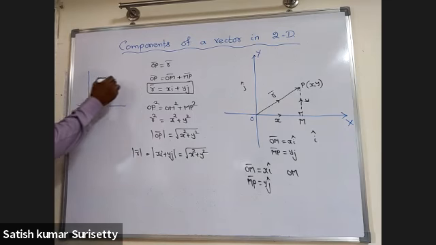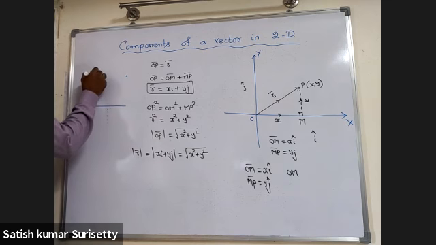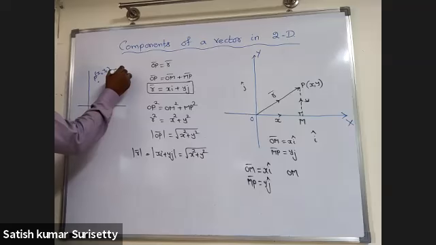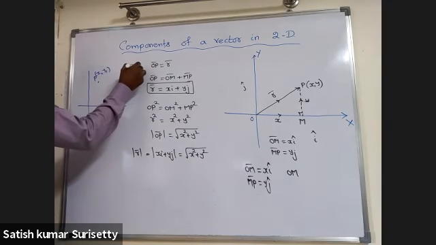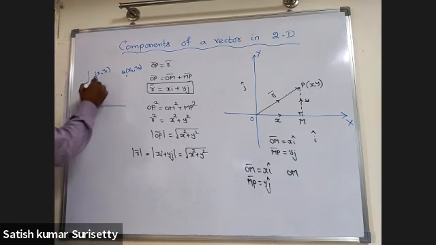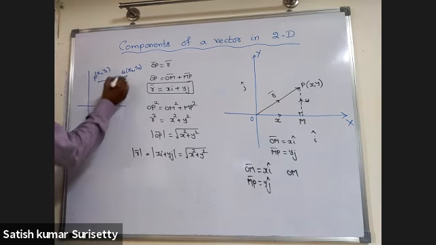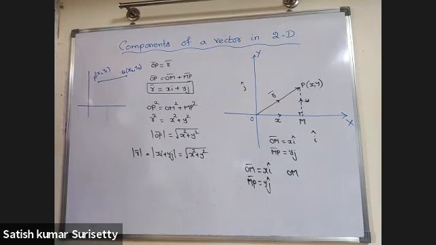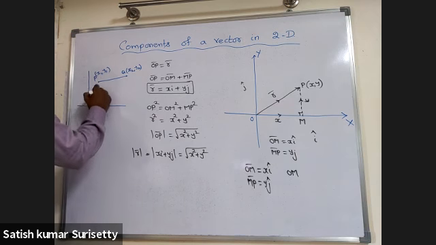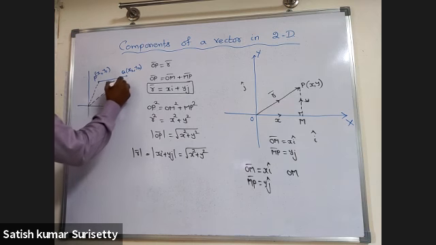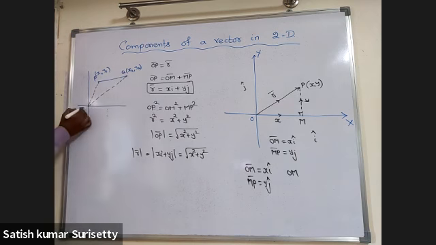Distance between 2 points in 2D. P(x1, y1), Q(x2, y2). Then PQ bar equals OQ bar minus OP bar.